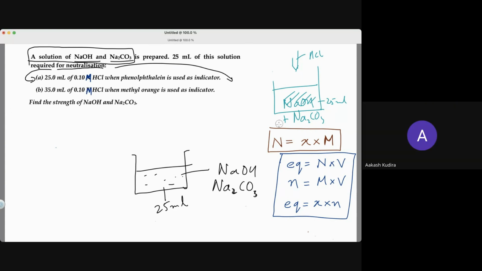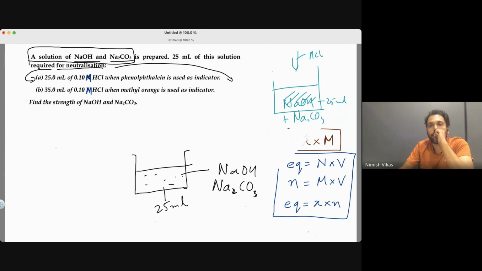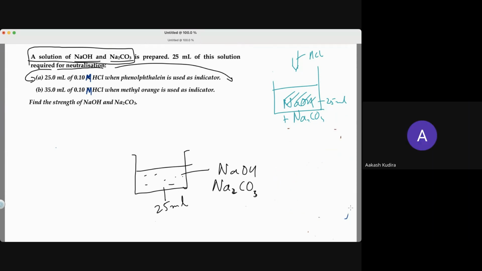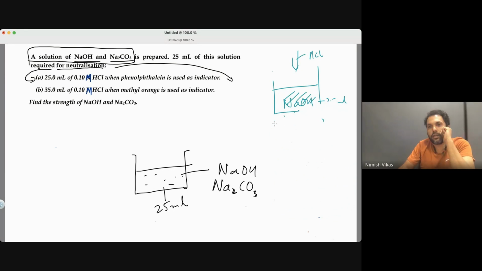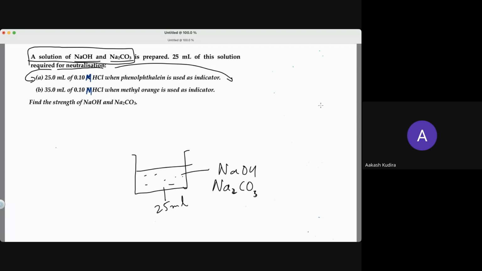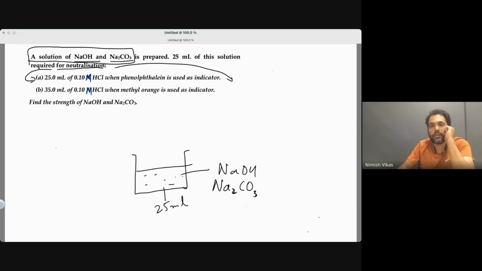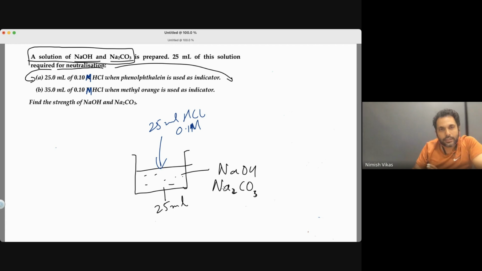Yes, sir. Okay, so what do you not understand from there onwards? Tell me. Sir, I didn't understand how to solve the question. No, that is a different thing. What is the question? This is a base and 25 ml of 0.1 molar HCl is being used to neutralize the base. Now it is like a small puzzle.